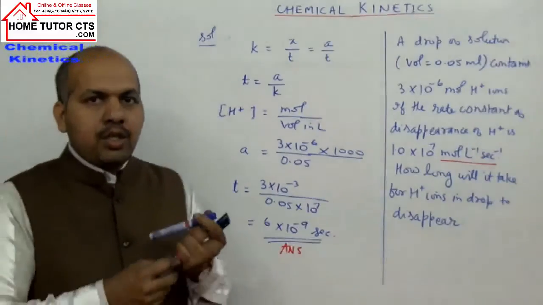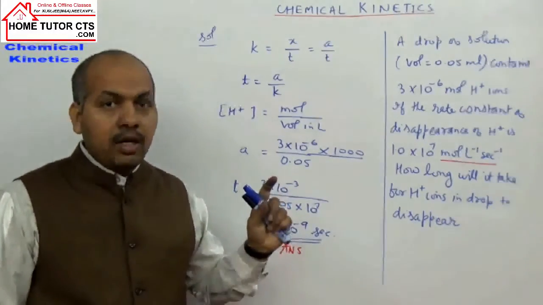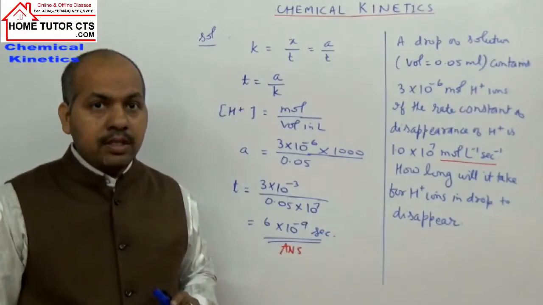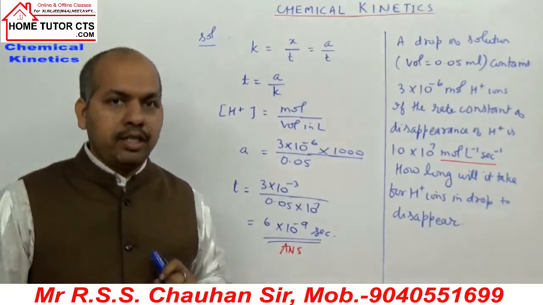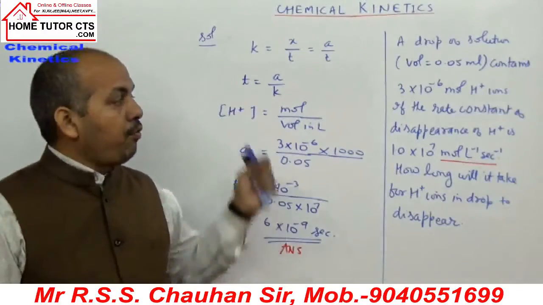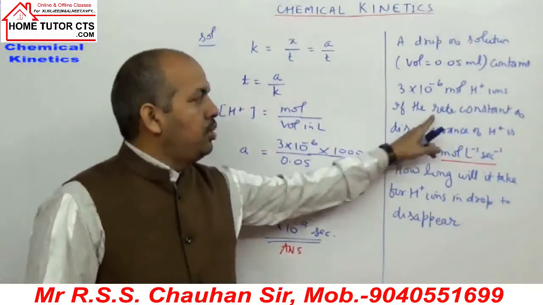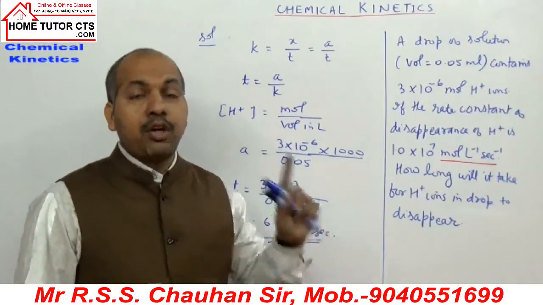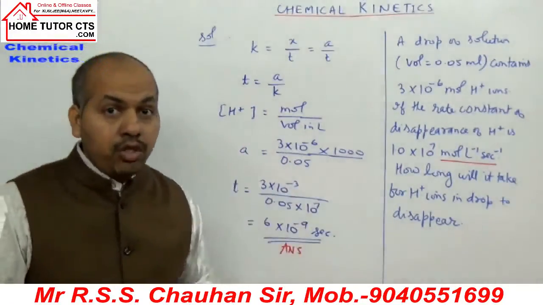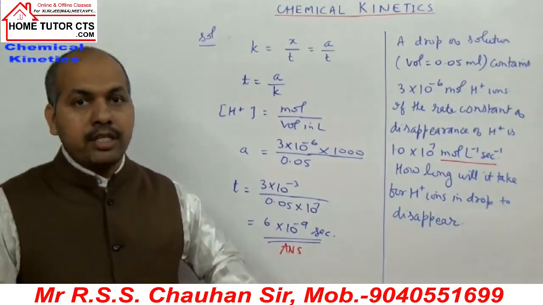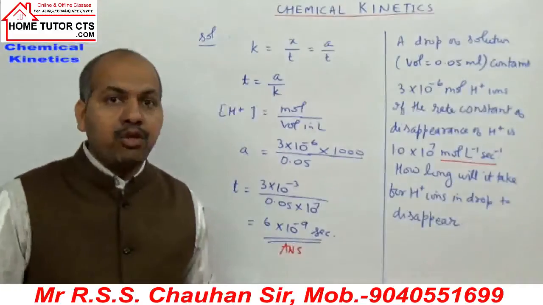Now in this question, you learnt one point. Whenever the order of reaction is not given to us, do not say the question is wrong. Read the question carefully. In this case, we are getting the order of reaction from the unit of rate constant. For a zero order reaction, the unit of rate and rate constant are the same.